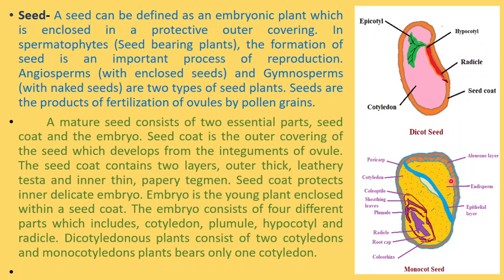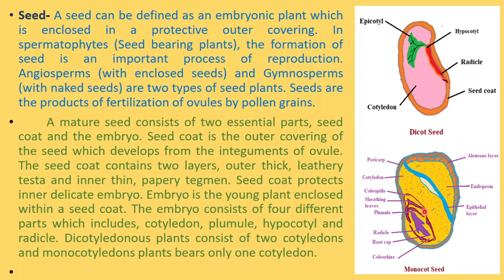Here you can see a monocot seed. This is the endosperm of the seed. This is the aleurone layer. This is known as the pericarp, or we may call it the coat of the seed. This is the cotyledon, which is the stored food material. This is the coleoptile. Then these are the seedling leaves, and this is the plumule.